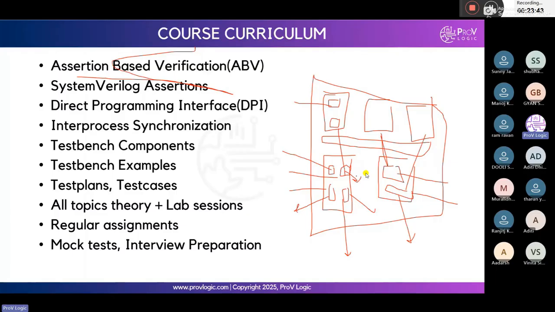To check that at the hardware level, in post silicon verification, we have a separate team called DFD, design for debug. We will connect these system on chip blocks to debug units.